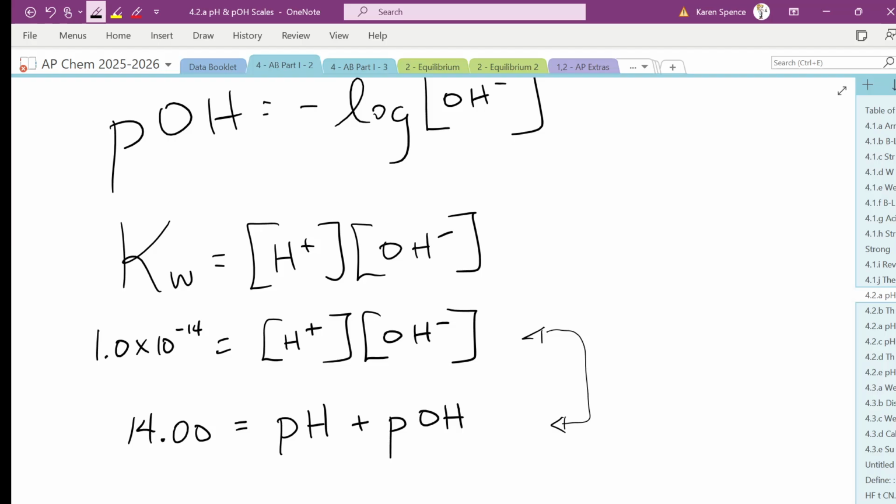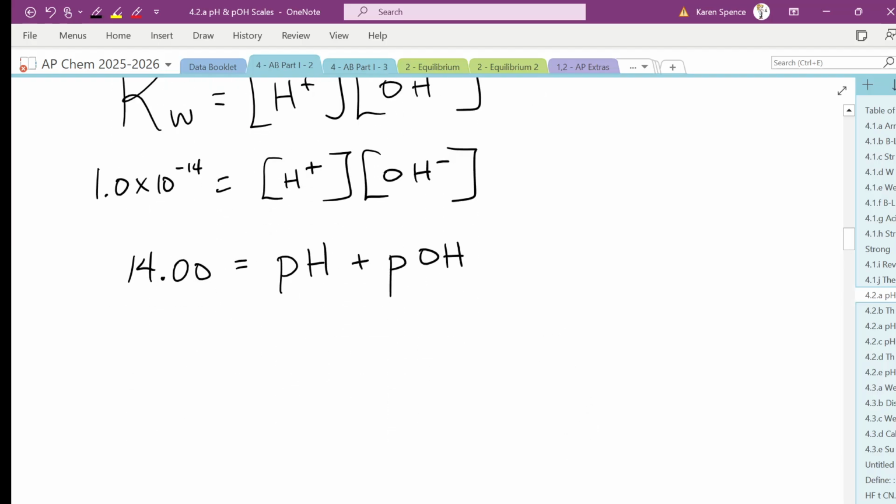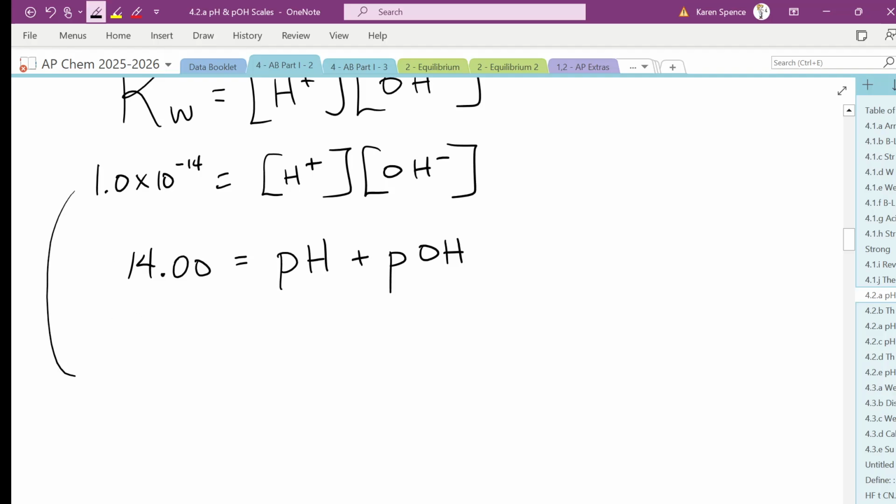So what we're going to do is take this equation here. P stands for the power of 10 of whatever it is, so either H plus or OH minus.